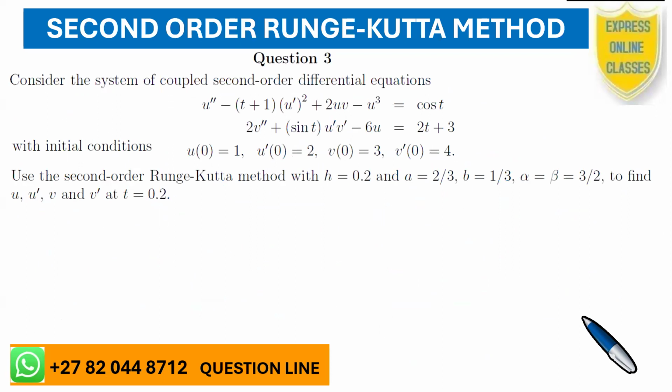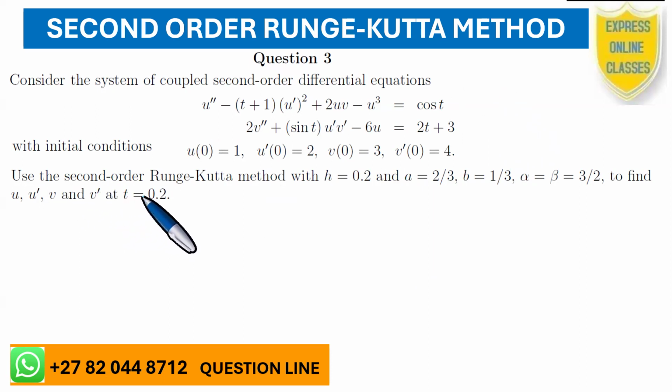Okay, the next problem we shall look at is the idea of the second order Runge-Kutta method. So next time we shall spend our time looking at the Runge-Kutta methods of different orders. But one that featured in past exams has been the second order, where you need to consider the system of coupled second order differential equations with initial conditions.